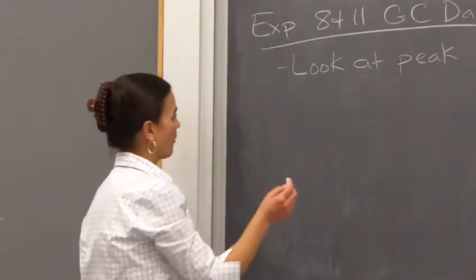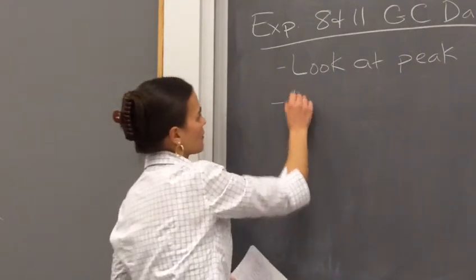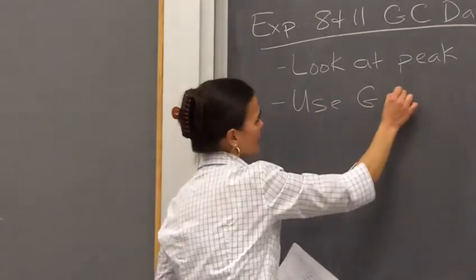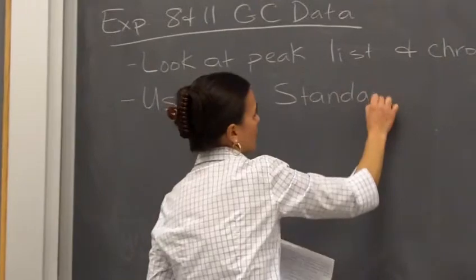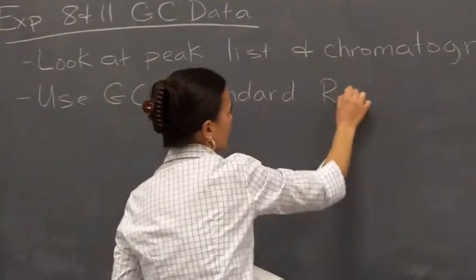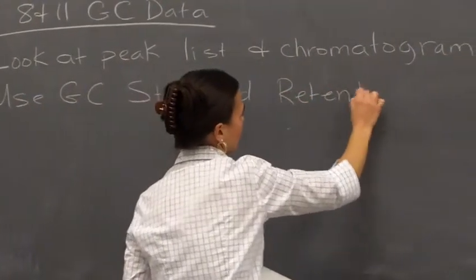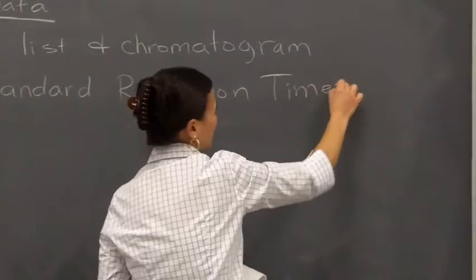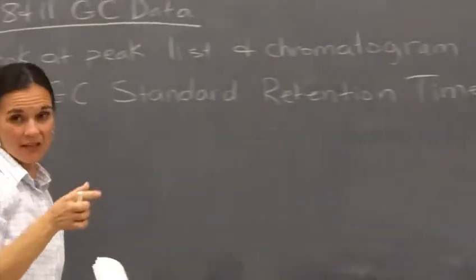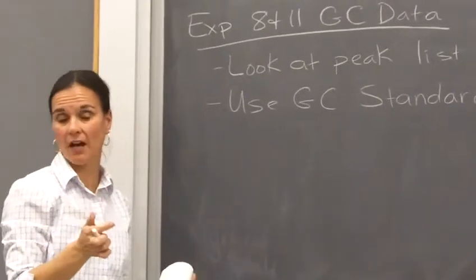Then use the GC standards that you were given by your lab prof. You should get a table from them of GC standard retention times. If you're in a Tuesday lab, make sure you have a Tuesday list. If you're in a Thursday lab, make sure you have a Thursday list.